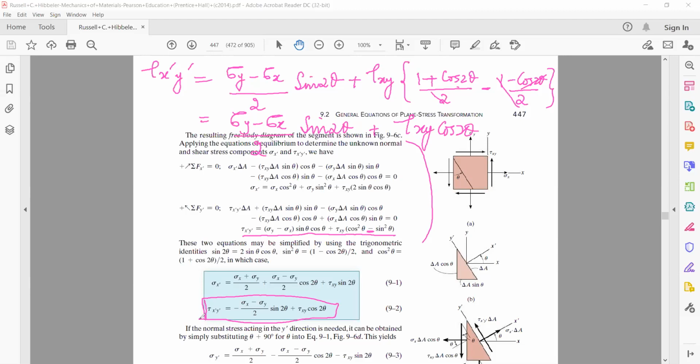Can we write it like this? Okay. So it means the equations that we have obtained are quite fundamental.